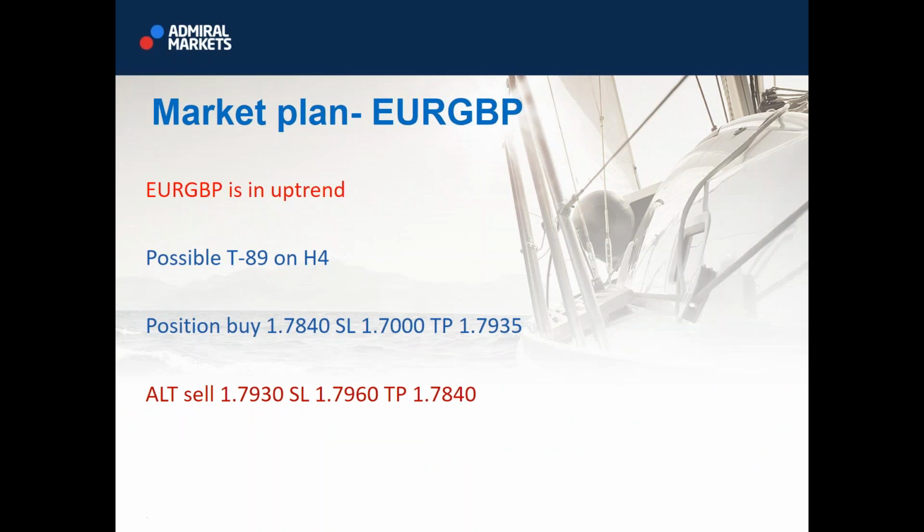But we also have a sell position at 79.30. So 78.40 buy position. Stop loss is 78. I will correct this. So 40 pip stop loss. Another typo. Well, I will correct it now.